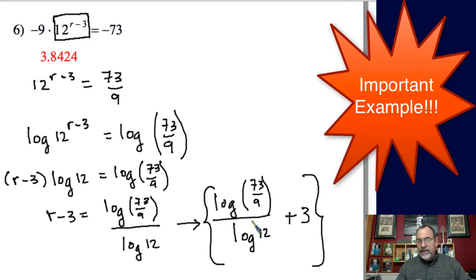That gives me an estimated number. Now I don't write that number down. The calculator is going to use that. So then I hit divided by, and then I do log 12, and I push enter, and then all of that is plus 3, so I get plus 3, and I get 3.8424 rounded, so I did get the answer.